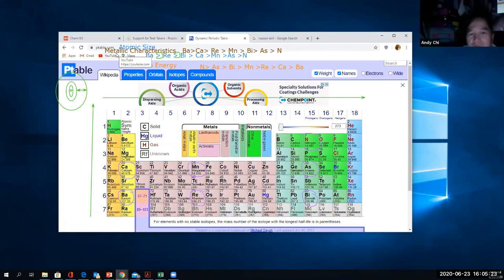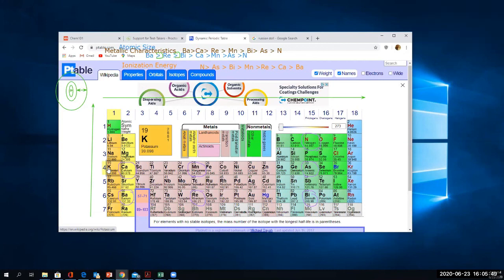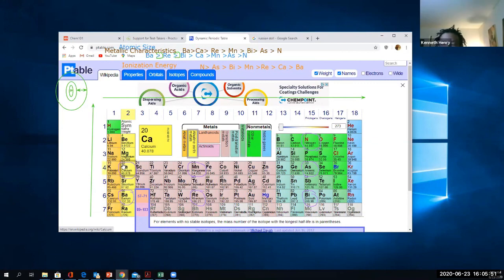Because the bigger they are, the more metallic they become, and barium is bigger than calcium. Yeah, it's bigger. Barium is bigger than the calcium. Any other questions?